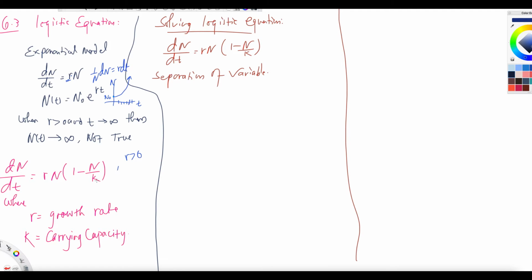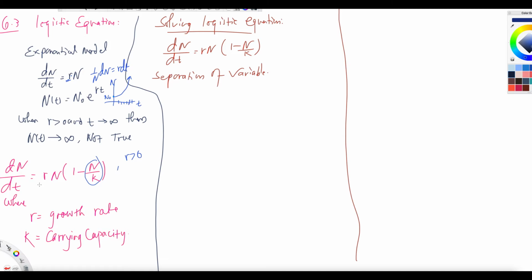But if the initial population is bigger, if N is bigger than K, then this quantity N over K will be bigger than 1, right? So 1 minus something bigger than 1 will be negative. So the right hand side will be negative. At that time dN over dt will be negative. That means the rate of change is negative, meaning the population declines, okay? Meaning that if you start with more population than the available resources can support, the population declines.